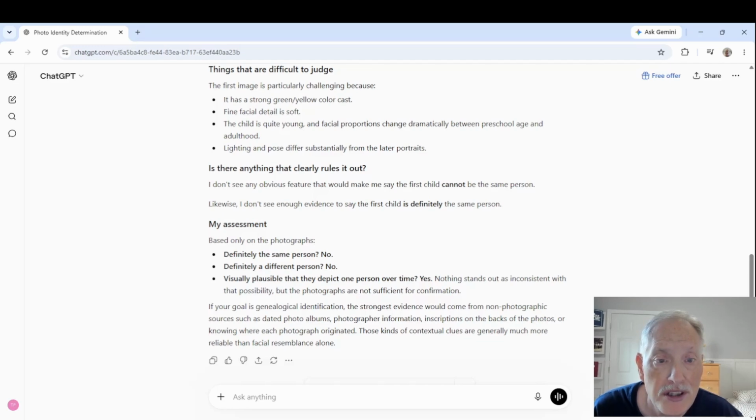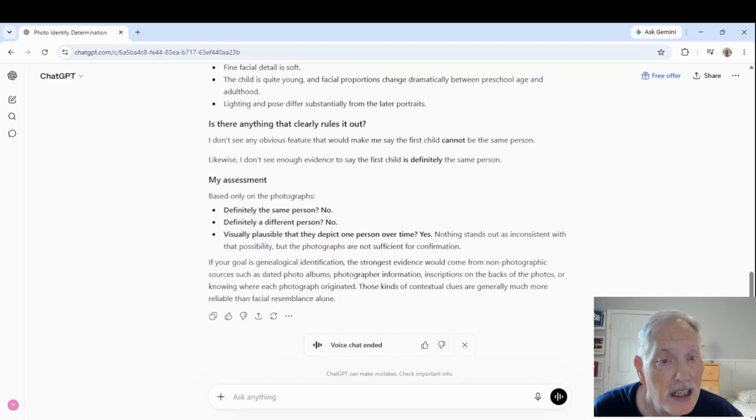Lighting and pose differ substantially from the later portraits. Is there anything that clearly rules it out? I don't see any obvious feature that would make me say the first child cannot be the same person. Likewise, I don't see enough evidence to say that the first child is definitely the same person.